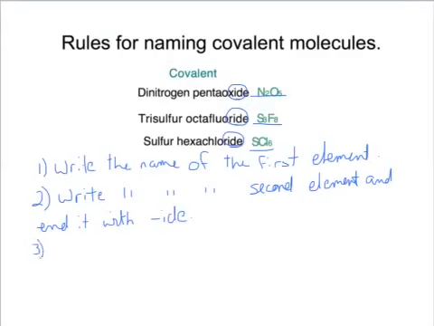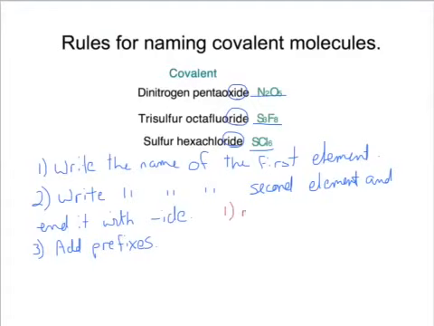Then you want to add prefixes to tell you how many atoms there are. So let's go over the prefixes real quick.